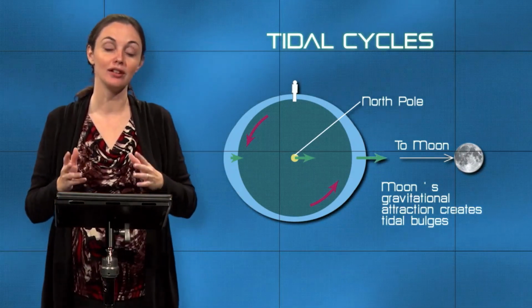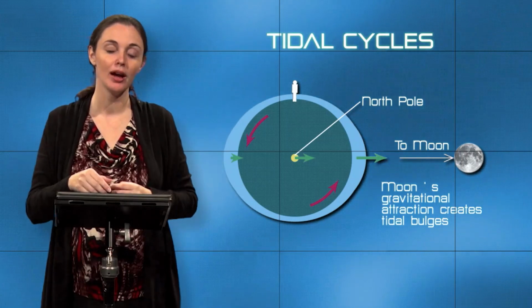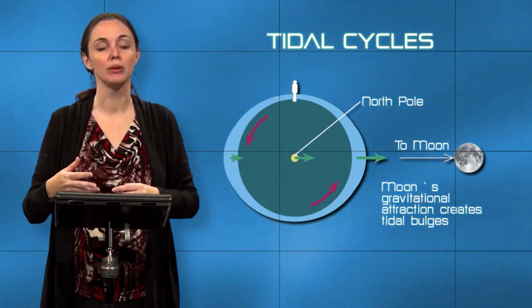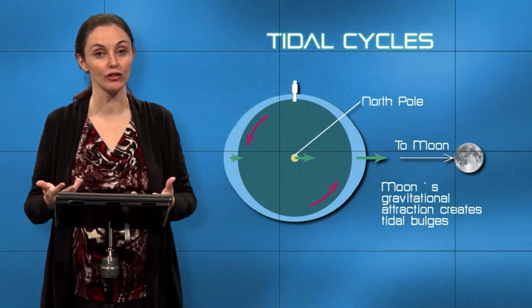Maybe at some point in the distant past when the moon was much closer to the planet that would have been possible. But now with the current position of the moon, the only thing that's actually going to be manipulated and moved by the presence of the moon is water on the surface of the planet.